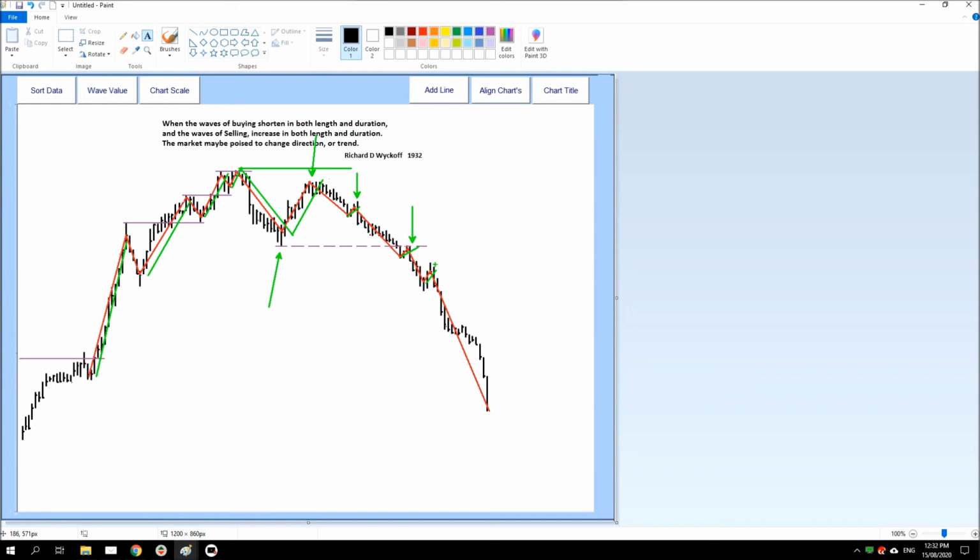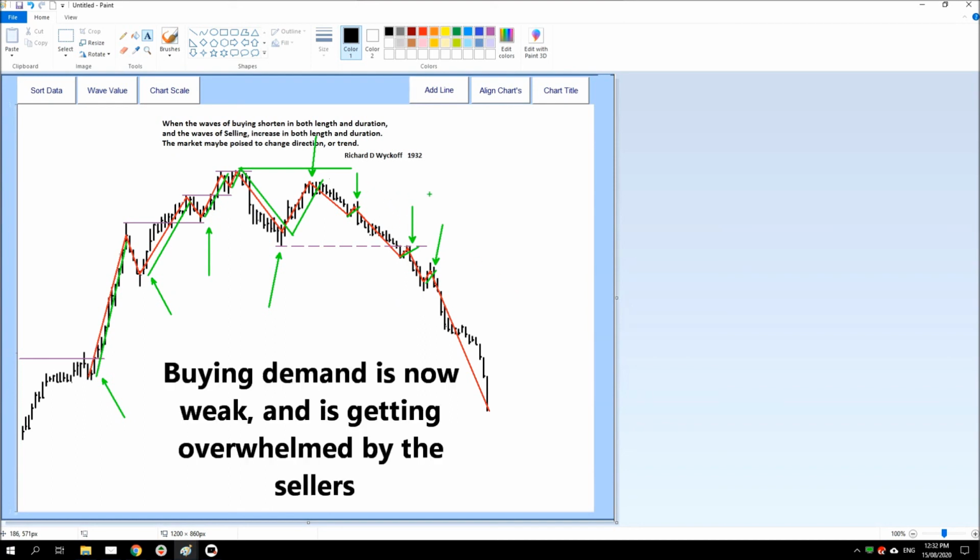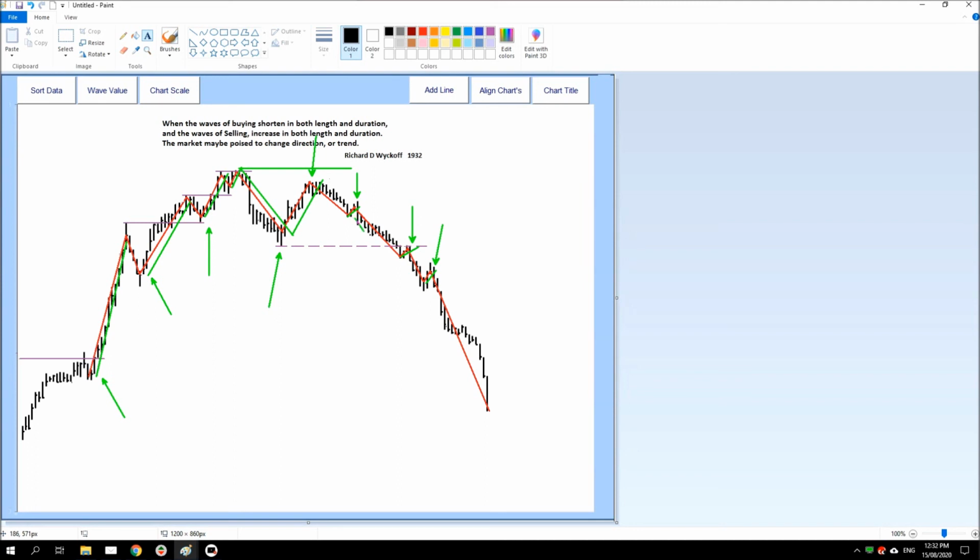You can see all these up waves, these buying waves, are so weak compared to these on this side. When price was moving higher, they were so much stronger. The buyers have gone. They've been absorbed by the sellers. No more demand in the market, and price is positioned to start to fail.